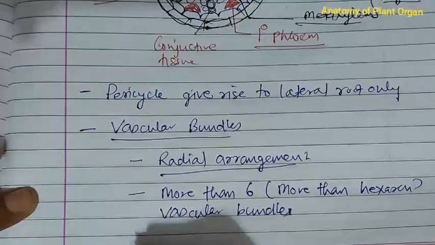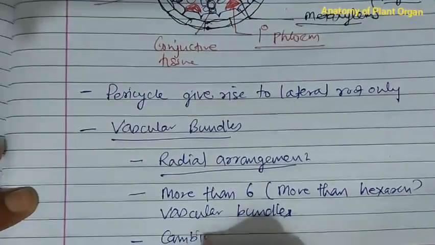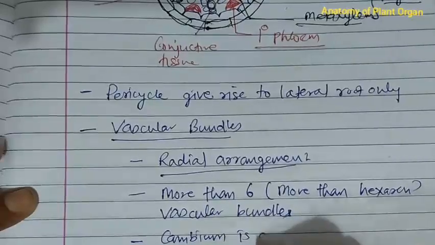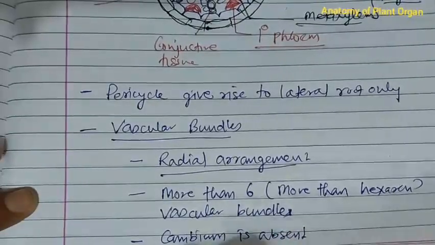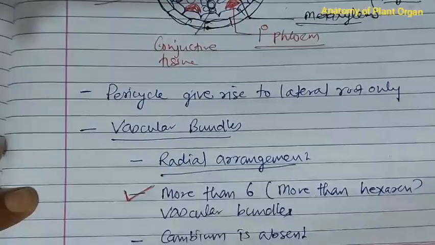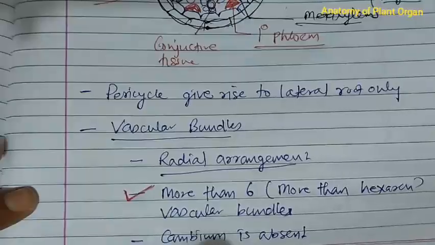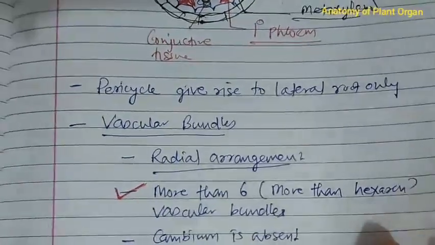Radial arrangement is there. Here cambium is absent totally. Conjunctive tissue can be present. The important point is about the more than 6 vascular bundles. Now here also there is an exarch arrangement.